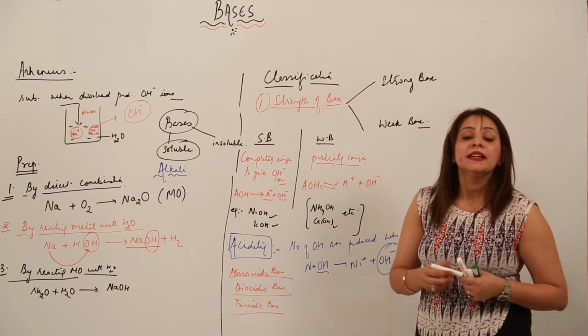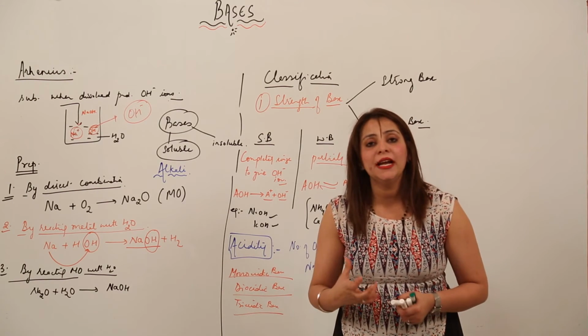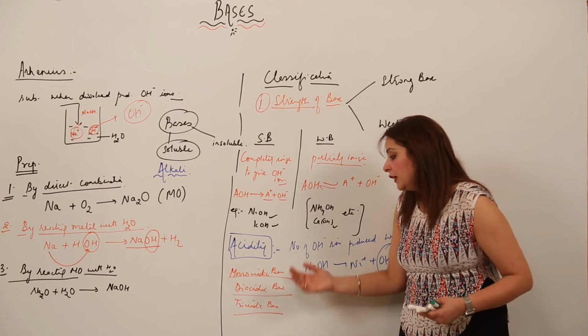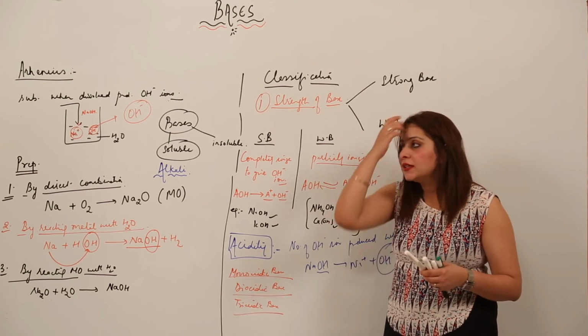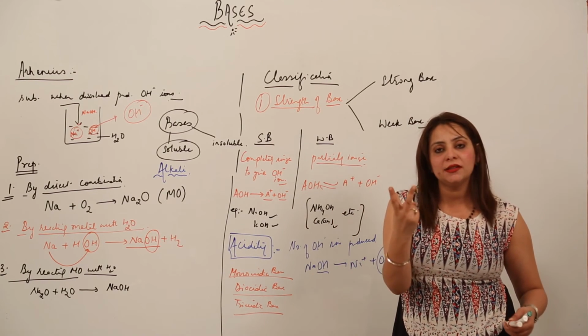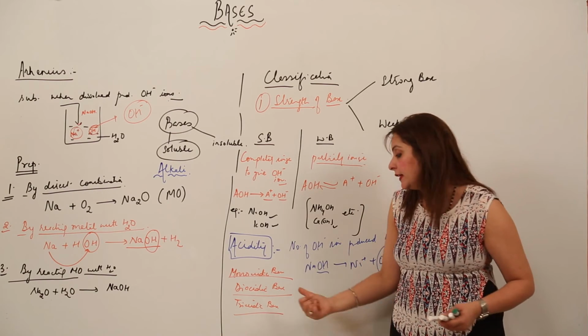So the base which, when dissolved in water, produces one hydroxide ion per molecule is called a monoacidic base. And when we talk about diacidic, all the bases which carry two hydroxide ions in one molecule are regarded as diacidic bases.